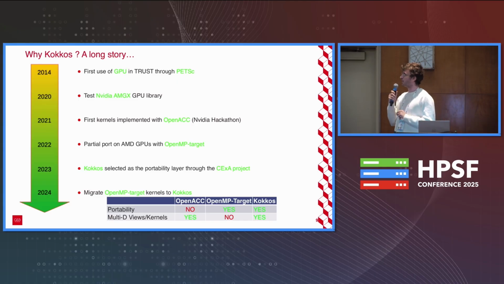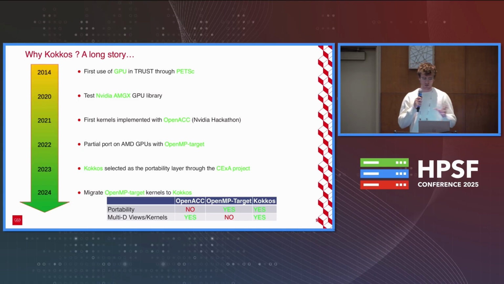In 2022, there was a partial port to AMD GPUs with OpenMP target. And then in 2023, Kokkos was selected as the portability layer through the CExA project. And then in 2024, all the OpenMP target kernels were ported to Kokkos.